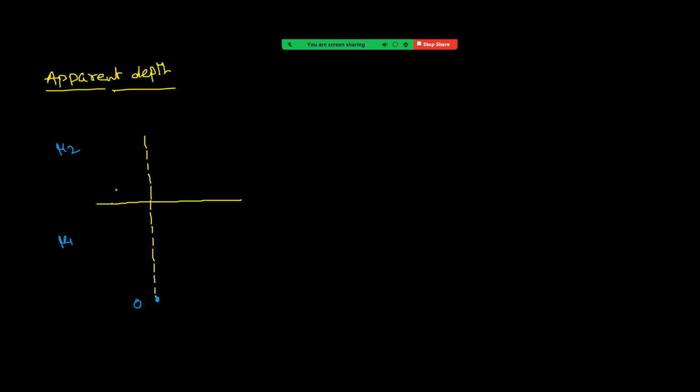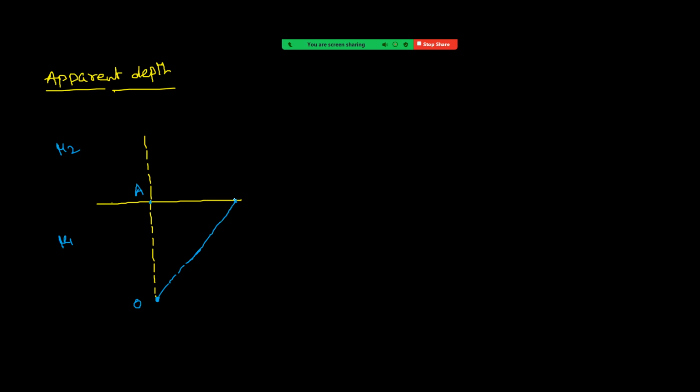Let us now carefully observe the relation. Let me take this point as A. Then AO is the real depth. Let us see what we observe. Light rays are traveling like this.